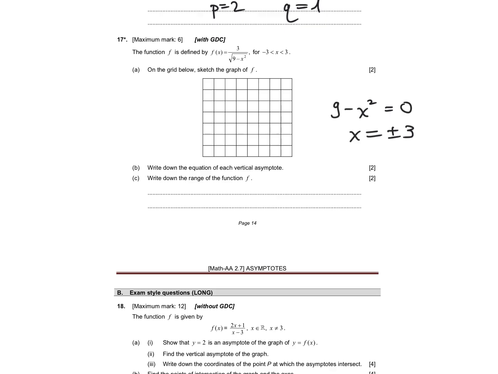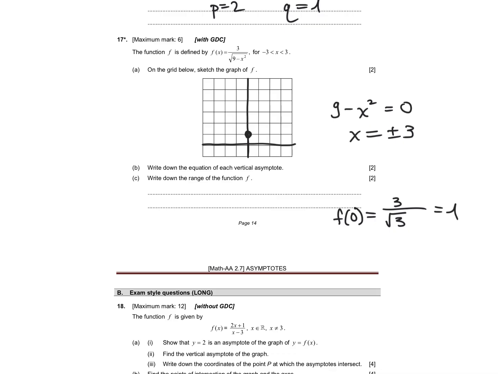Oh, this is with a graphing calculator. Okay, we'll definitely just put this in the graphing calculator. Hold on. So if you put this in the graphing calculator, I'm just going to graph it like this. If we can do some of this without a calculator too, because you can find the y-intercept. So it's going to be 3 over square root of 9. So it's 1. So there's the y-intercept.